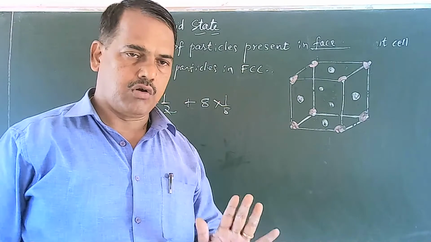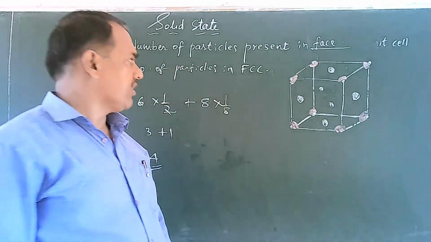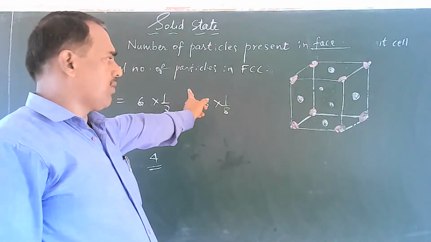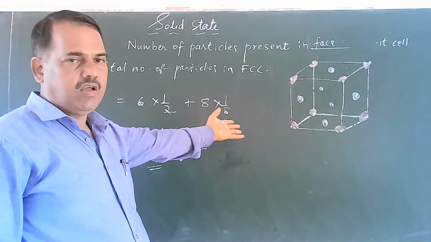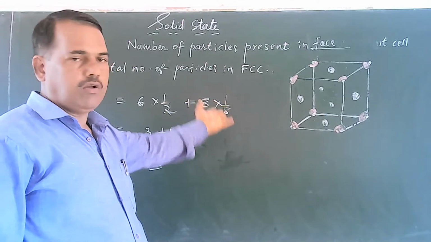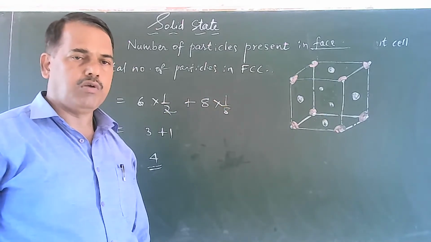Are you clear? Understood? Okay. So that is the total number of particles in FCC, BCC, as well as simple or primitive.